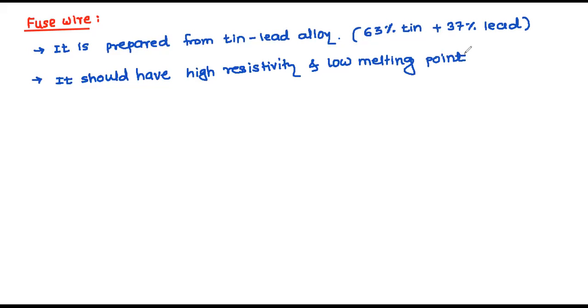Why should it have high resistivity? Rho should be high. If resistivity is high and melting point is less, if current flow is high, heat will generate more, and because of the low melting point, that fuse will get melted and the circuit will be open, and because of that the device will be prevented.